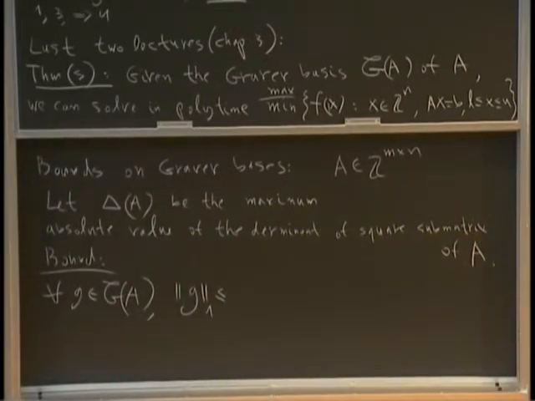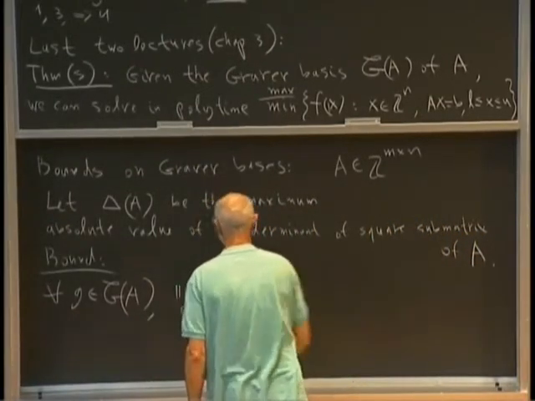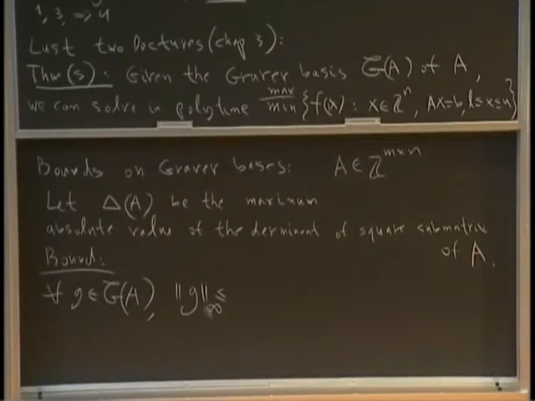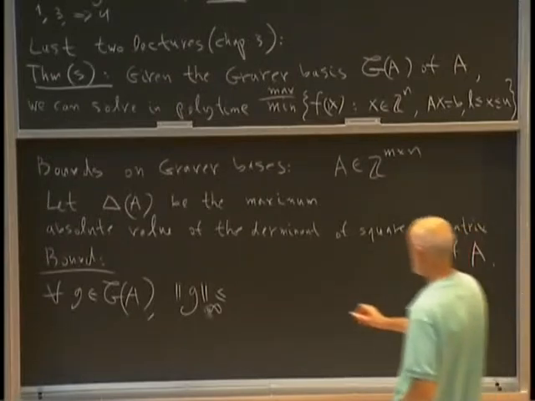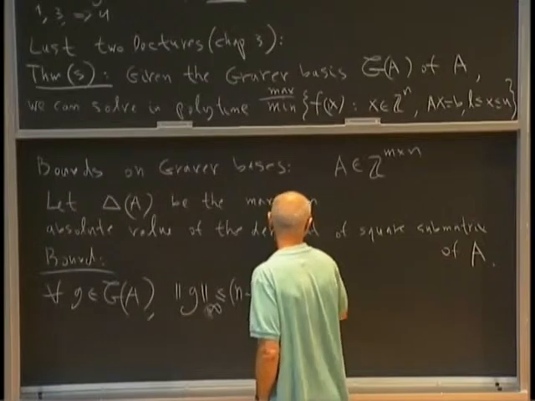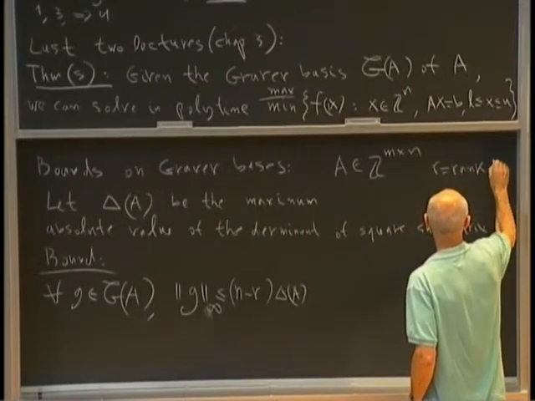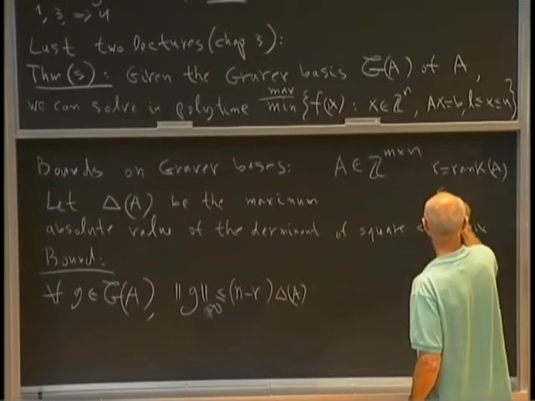Let's start with the infinity norm. The maximum absolute value of any entry is bounded by n minus r times delta A, where r is the rank. Of course, it's less than or equal to mn.